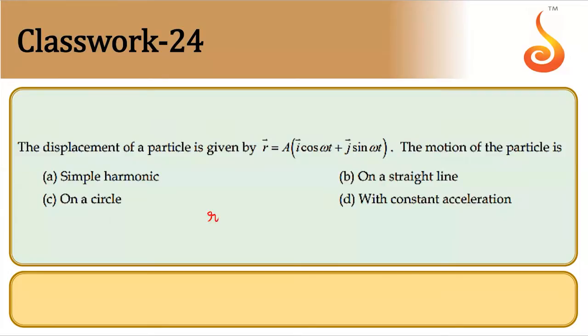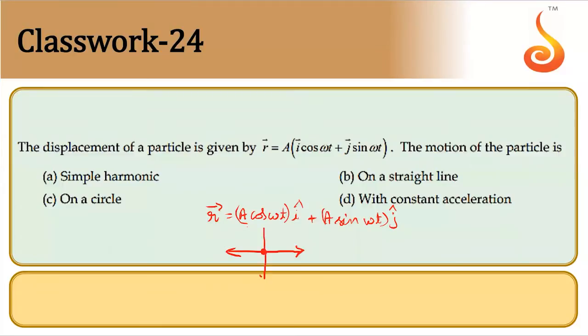See, r is given, just multiply this inside: a cos omega t into i cap plus a sin omega t into j cap. So a cos omega t into i cap will be making the particle oscillate in x direction.